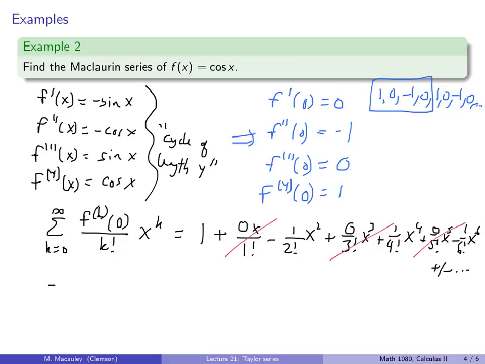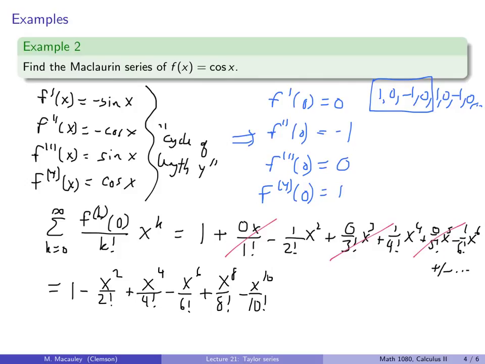And so let me write this as 1 minus x squared over 2 factorial plus x to the 4th over 4 factorial minus x to the 6th over 6 factorial plus x to the 8th over 8 factorial, plus minus. Yeah, let me actually do one more just for balance's sake. Minus x to the 10th over 10 factorial. And so hopefully you should see this pattern.